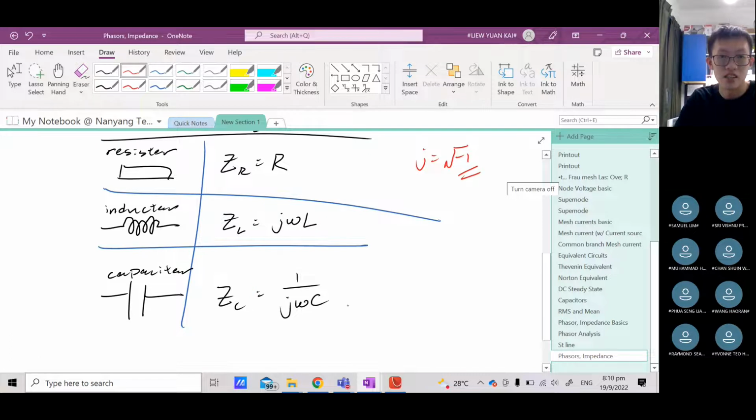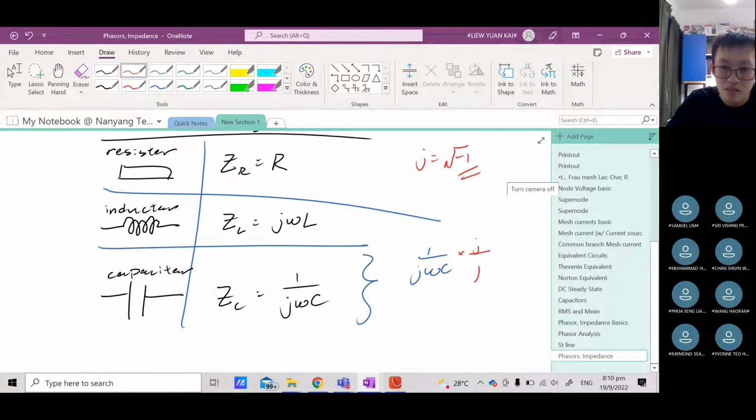There's also an interesting trick related to complex numbers that I want you to know for the capacitor. For 1 over J omega C, there's a trick you can do to transfer the J to the top. Multiply top and bottom by J. Now what do you get?